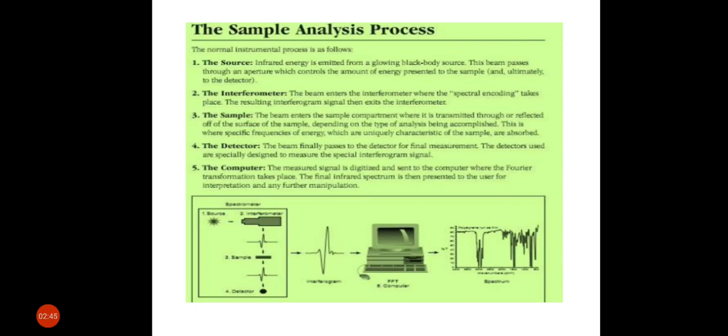When this IR radiation falls on the sample which we want to analyze, the interatomic bonds of the molecules, that is, the bonds between the atoms, absorb the energy of the IR radiation.